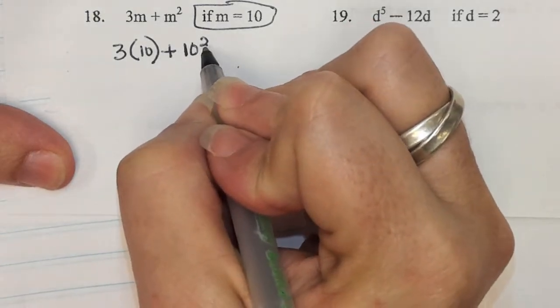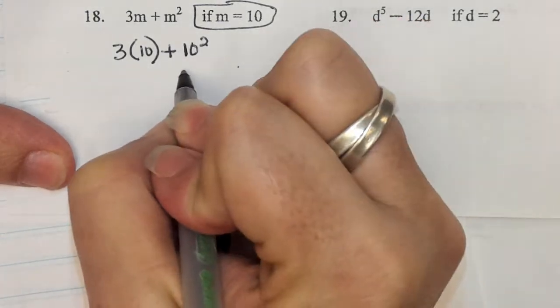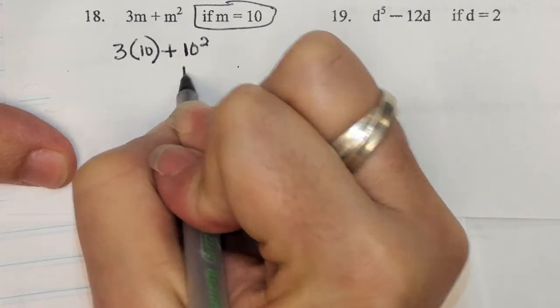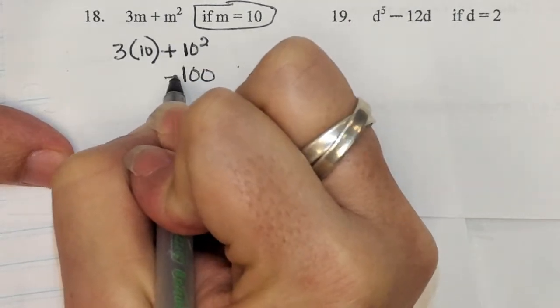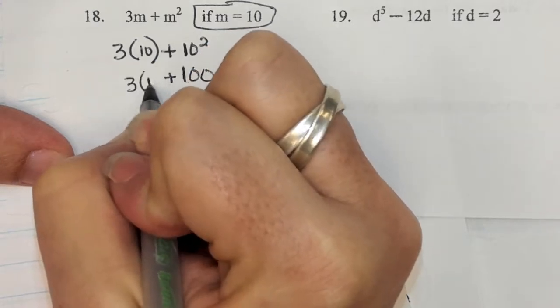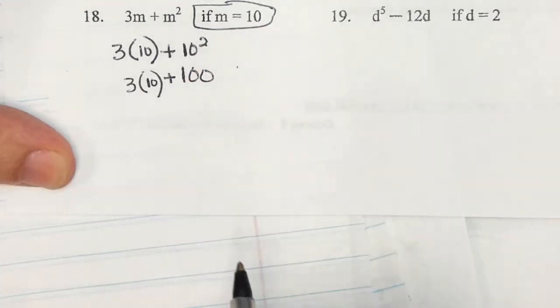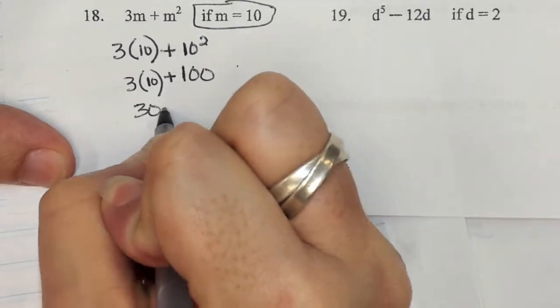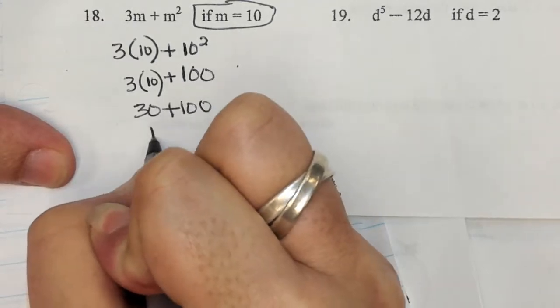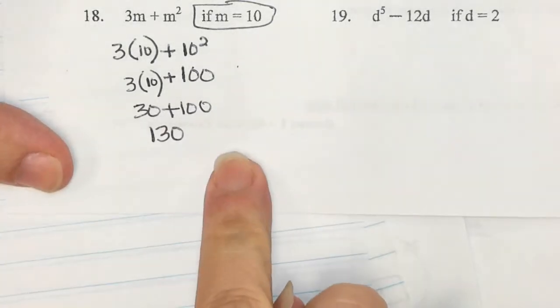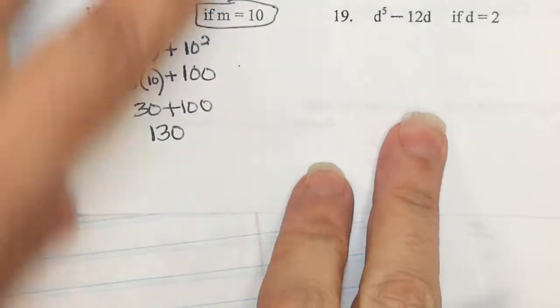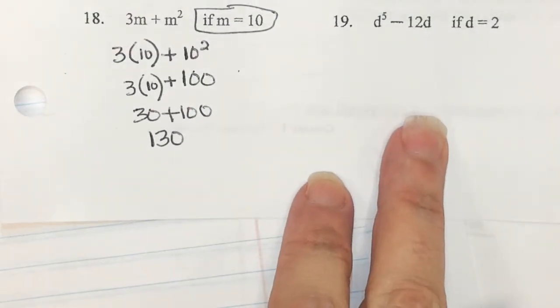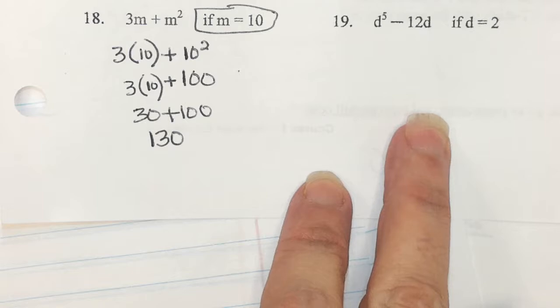We got to do the exponents. 10 to the 2nd power is 100. 10 times 10. Okay. Now that I've got the exponent gone, what do I do next? Times. 3 times 10. 30. Plus 100. 130.